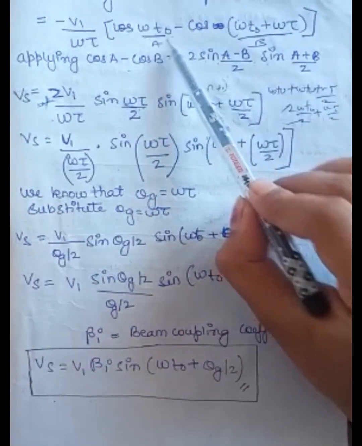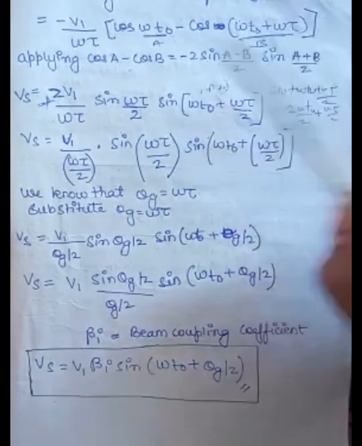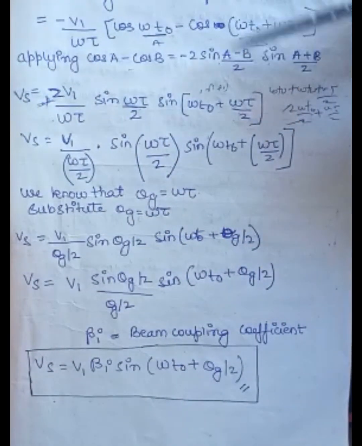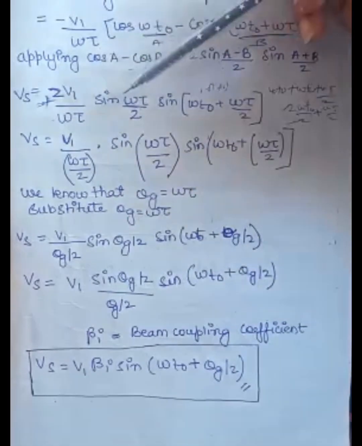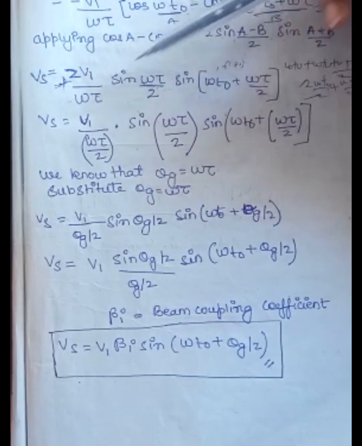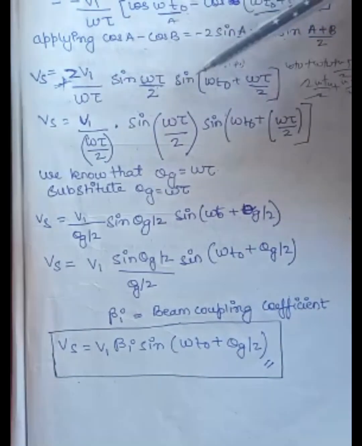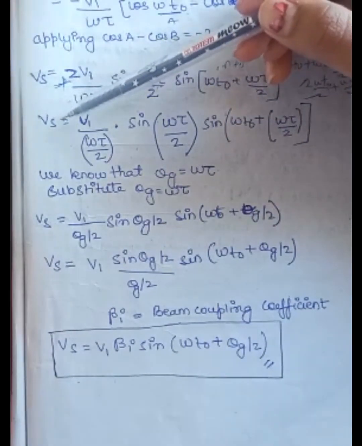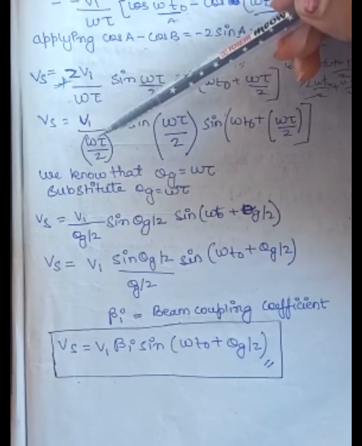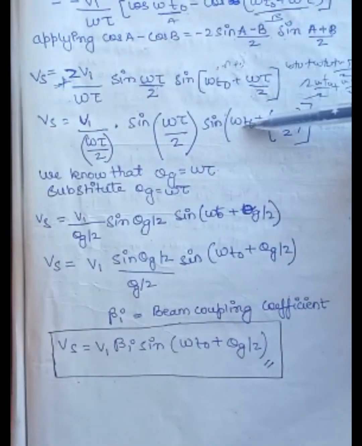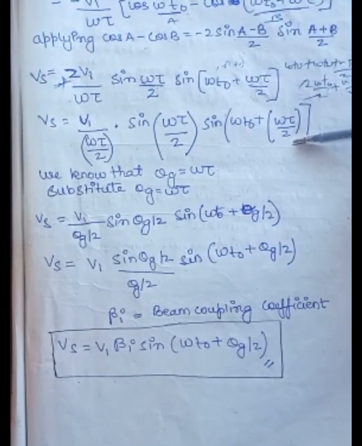So we would consider this as A and this as B, and this is cos A minus cos B. After applying this formula to this equation, we would get Vs is equal to 2 V1 upon omega tau sin omega tau by 2 sin omega T0 plus omega tau by 2. After solving this, we would get Vs is equal to V1 upon omega tau by 2 into sin omega tau by 2 sin omega T0 plus omega tau by 2.